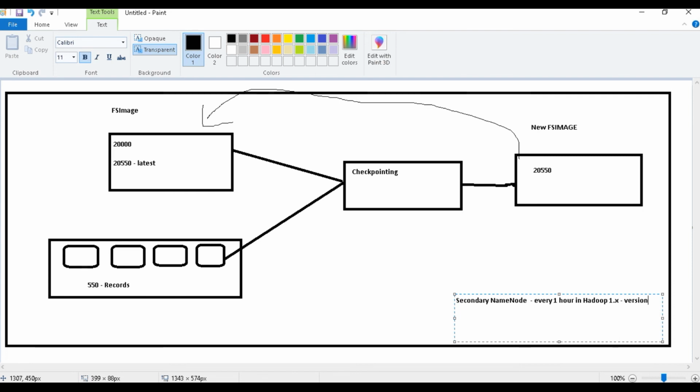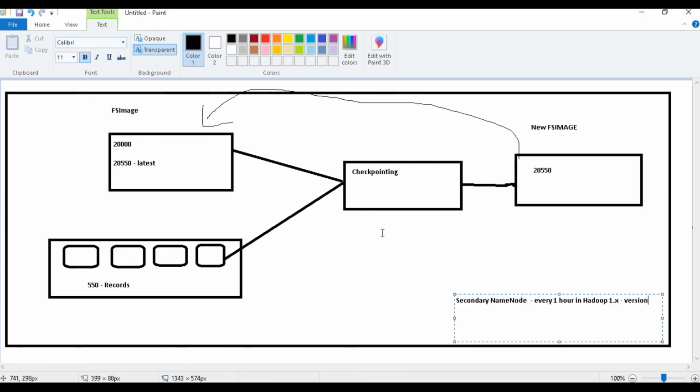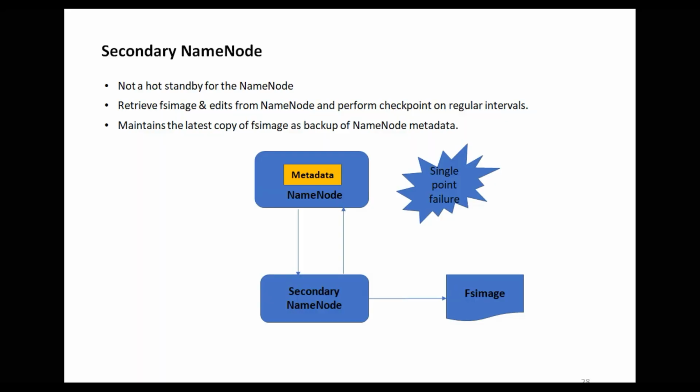But there are some scenarios available. The checkpointing operation will be performed by the secondary name node. And what is the secondary name node? It is not a hot standby. It means, for example, if the primary name node goes down, the secondary name node will not work as the primary active.